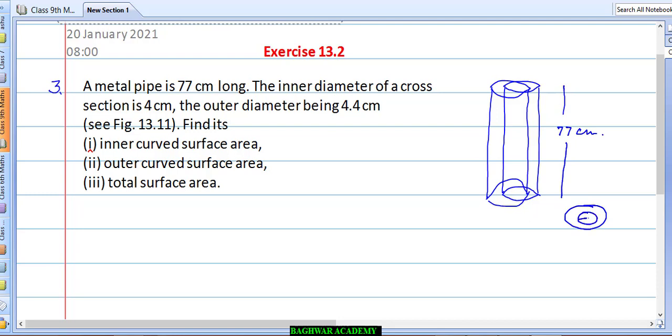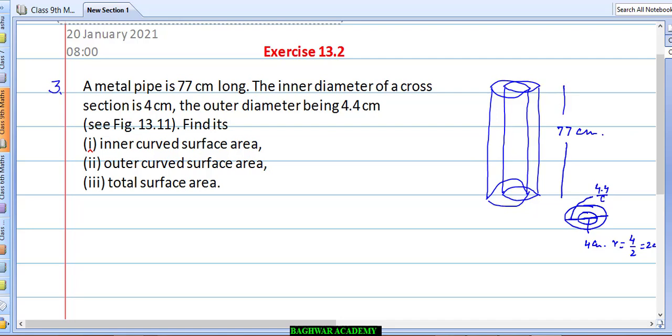This inner diameter is 4 centimeter, so your radius, small r, will be 4 by 2, that is 2 centimeter. Then the outer diameter, this one, is 4.4 centimeter.